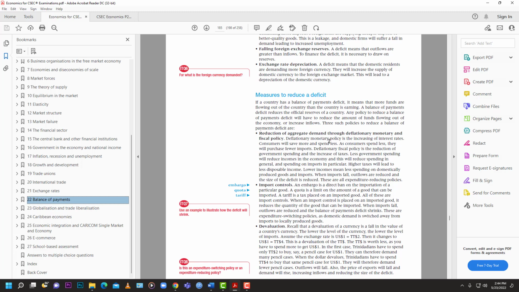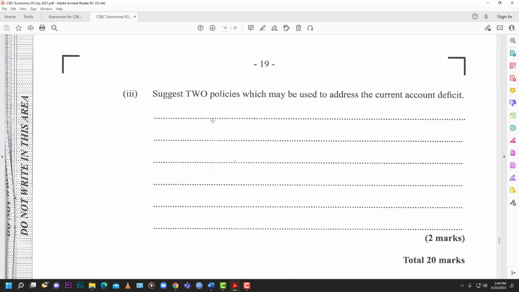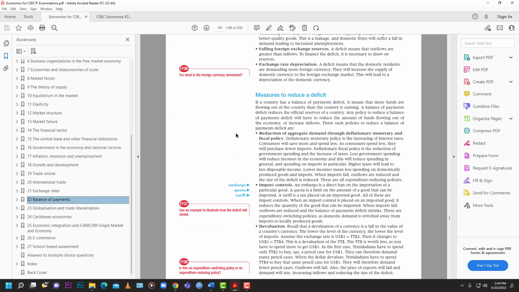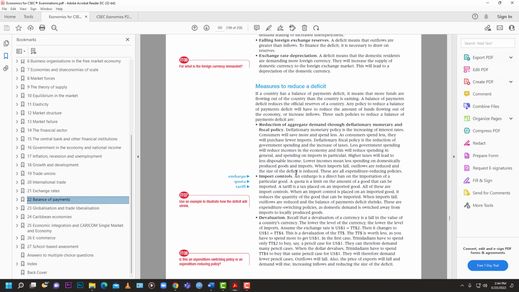And so if you reduce overall demand, that also includes the demand for foreign goods. If you reduce the demand for foreign goods, that means you're going to reduce imports. And that can go towards helping to fix the problem of the deficit in the current account. So that's one way. You can have import controls, where you can ban certain things from being imported, that's what you call an embargo.